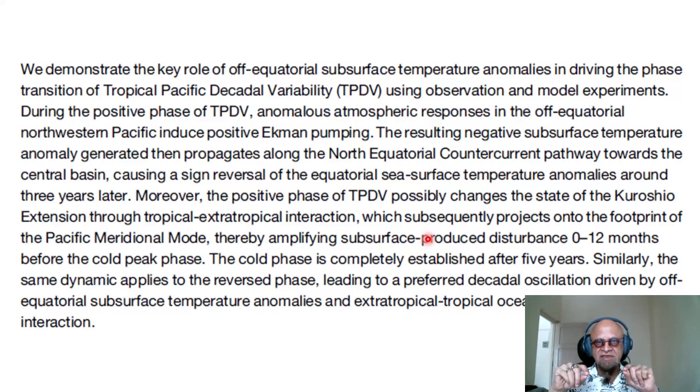Sounds complicated, but basically off-equatorial processes are producing a subsurface temperature anomaly. Ekman pumping, as you know, wind stress curl pumps the isotherms and the thermocline up and down, which can generate a subsurface temperature anomaly, which can propagate into the tropical region and transition the phase, and then that translates into ocean atmosphere interactions, atmospheric response in the tropics, which then interacts with the off-equatorial Kuroshio extension region, and then you get the next cycle.